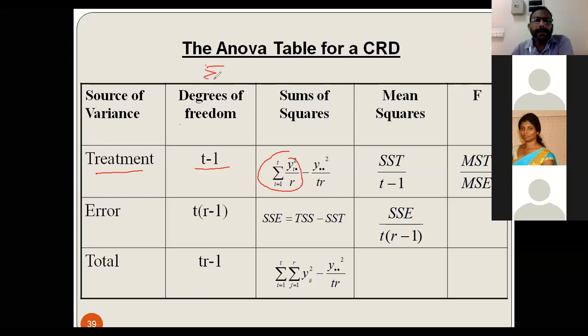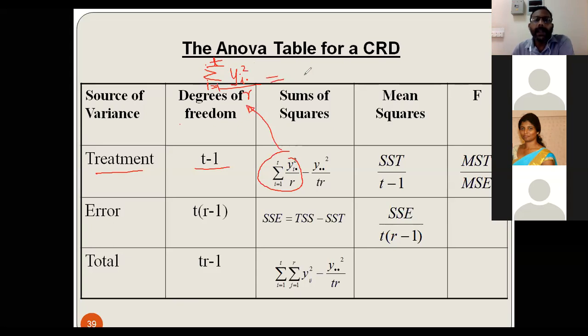what we are doing is this formula, summation of y i dot square divided by r, where this i is from 1 to t. So this is the formula that I am using here.